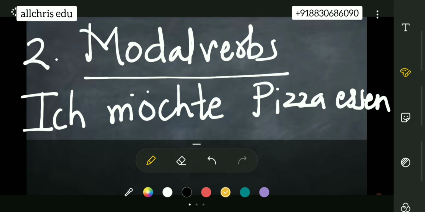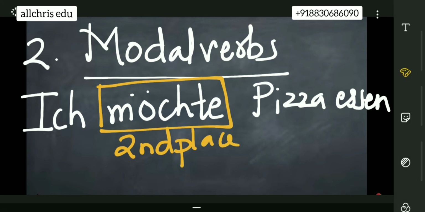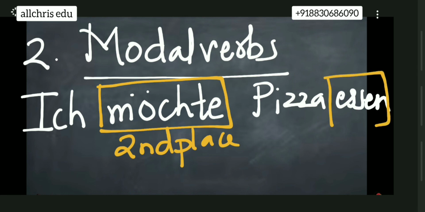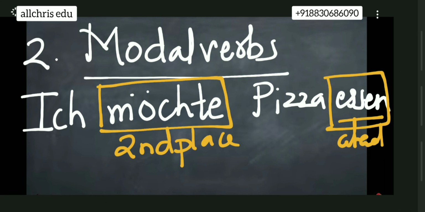In this sentence, children, if you see, the modal verb is in the second position and there are two verbs in the sentence, and one more verb we have at the end. As I told you, there are two forms of verbs in the sentence: möchte, that is a modal verb, and another verb at the end of the sentence.